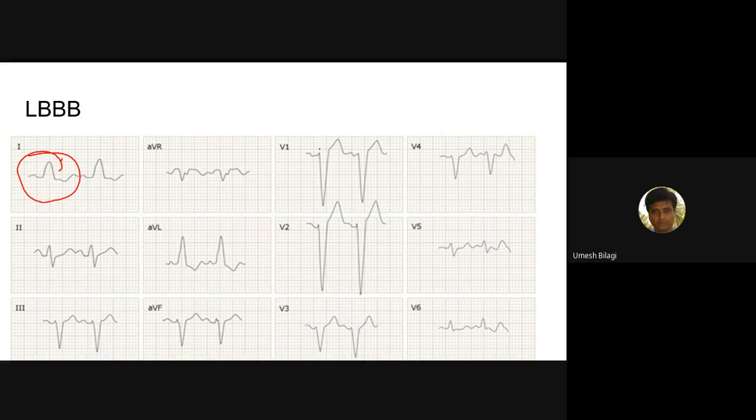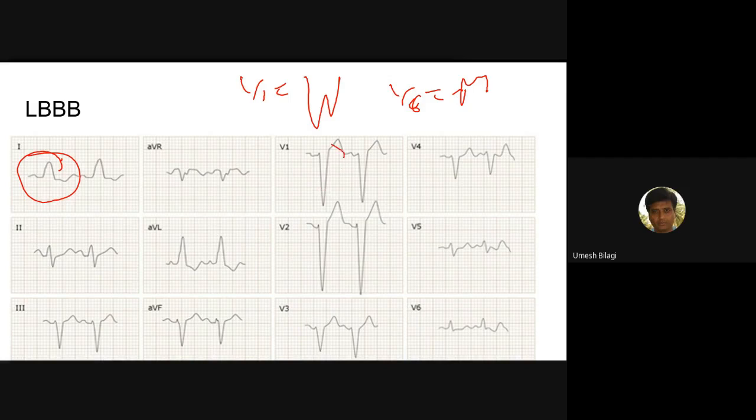So apart from that, what do you get here? In LBBB, V1, what is seen? You get negative, W in V1, and in V6 you get M. Sir, monophasic R. Yeah, I can get monophasic.